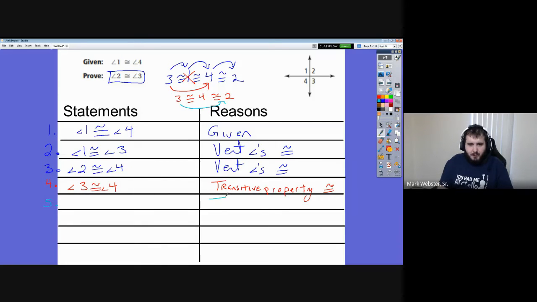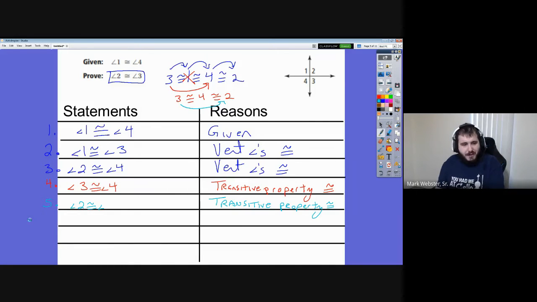Using the transitive property again, I can now say that angle 3 is congruent to angle 2. They have it written that way, so I'm going to say angle 2 is congruent to angle 3. It doesn't matter the order. If you've got it backwards, you can always use the symmetric property to flip them, right?